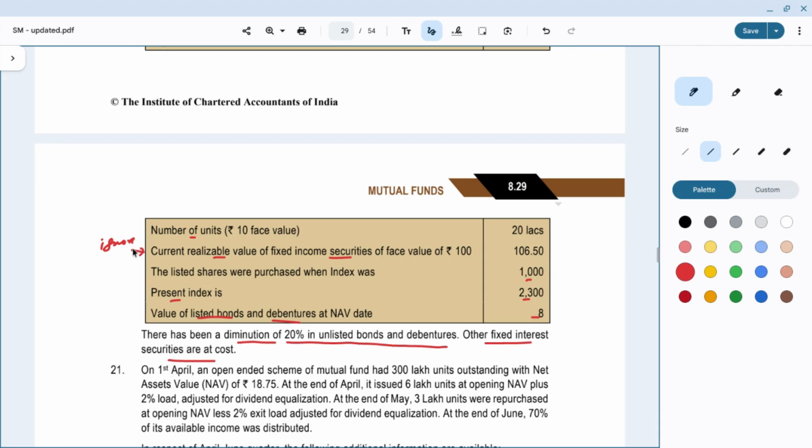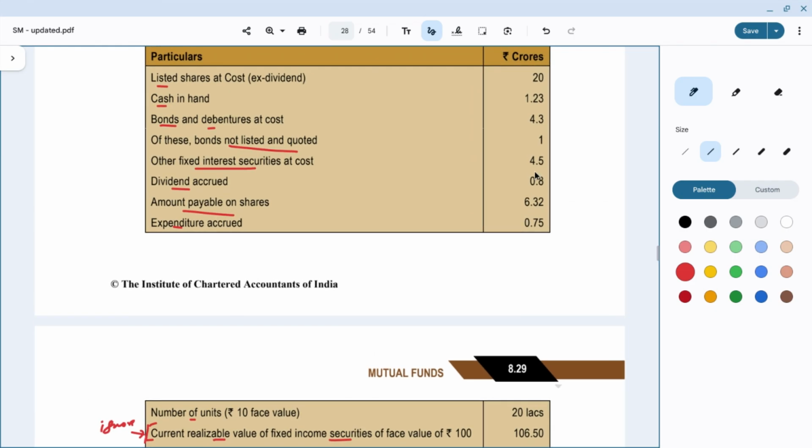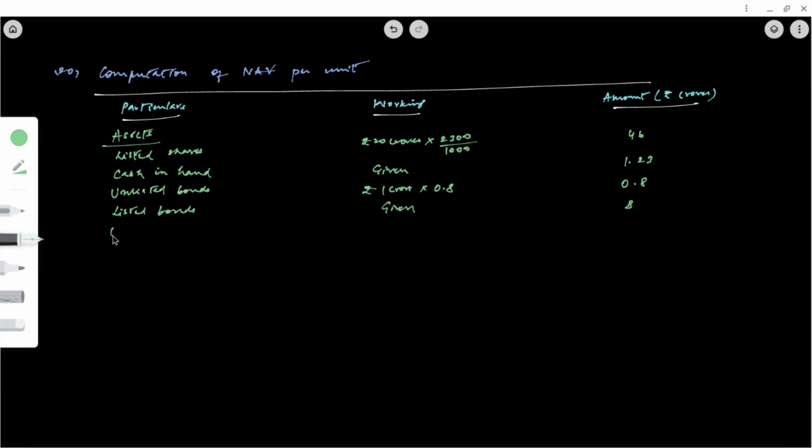So other fixed interest securities are at cost, which is 4.5.